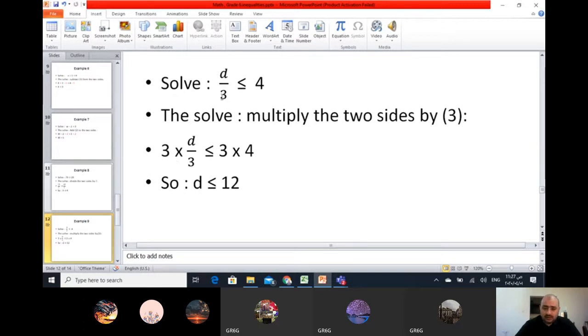Because the denominator here is 3. To remove the denominator, multiply by the same number. Here you have 3 up and 3 down, so 3 divided by 3 will be 1, and d remains. So you get the variable alone on this side. On the second side, 3 times 4 will be 12. So you can write d less than or equal to 12.